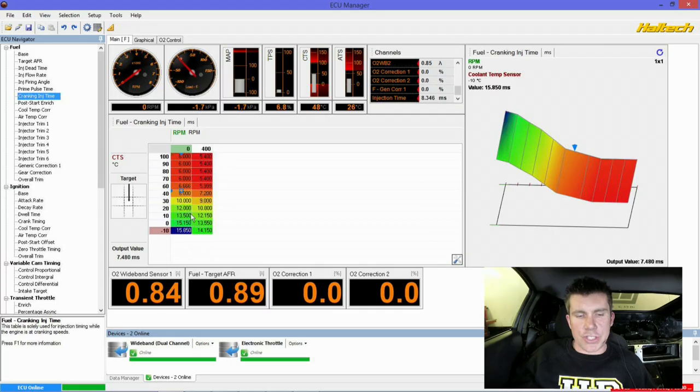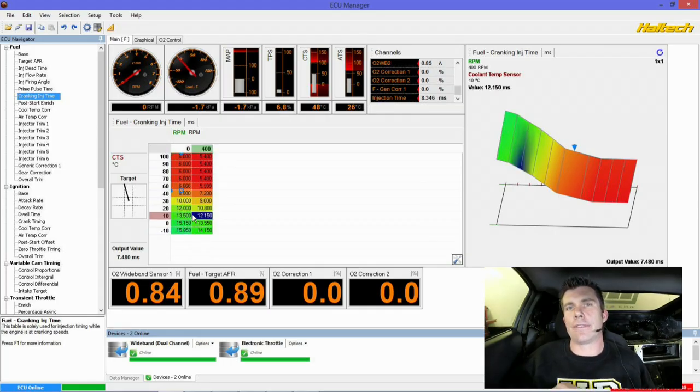Cranking injection, generally it's difficult to give you a firm way of tuning this because you can't use the feedback of a wideband sensor during crank. What we really need to do is tune this table so that we're getting clean and crisp starting of the engine. If we go either too rich or too lean on this table, we're going to have the engine not start crisply and quickly. It'll crank excessively, and particularly if you go too rich, it can end up fouling spark plugs.